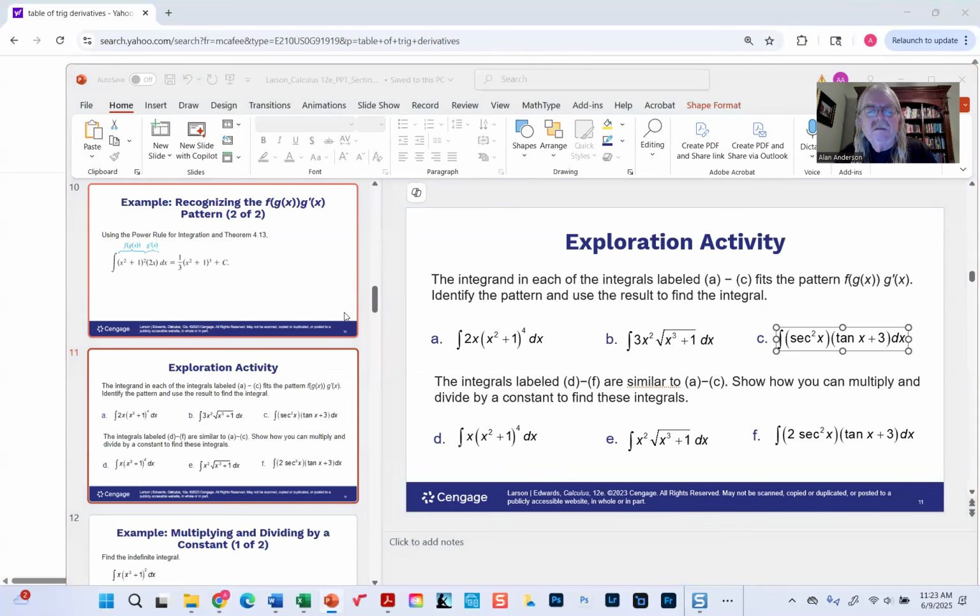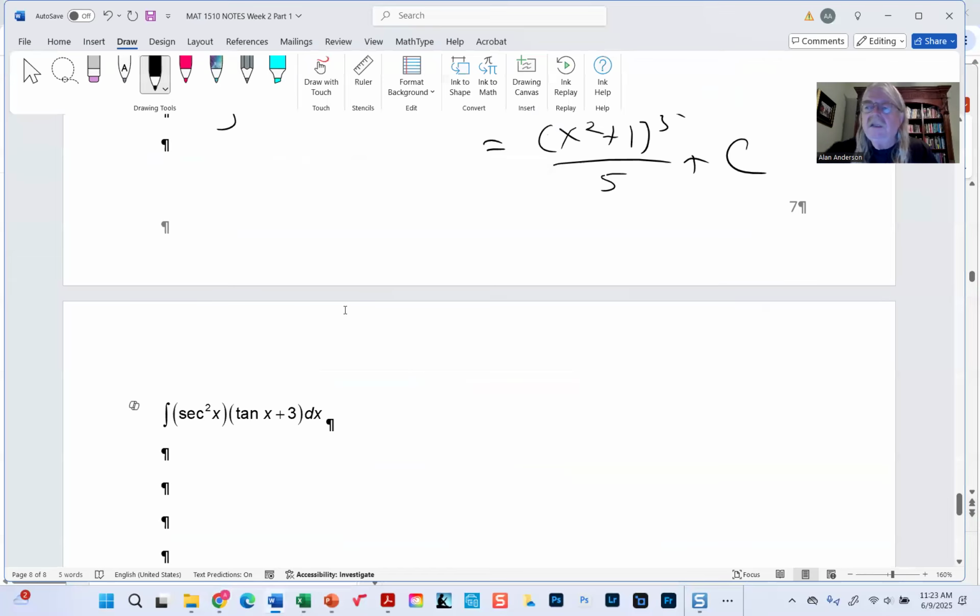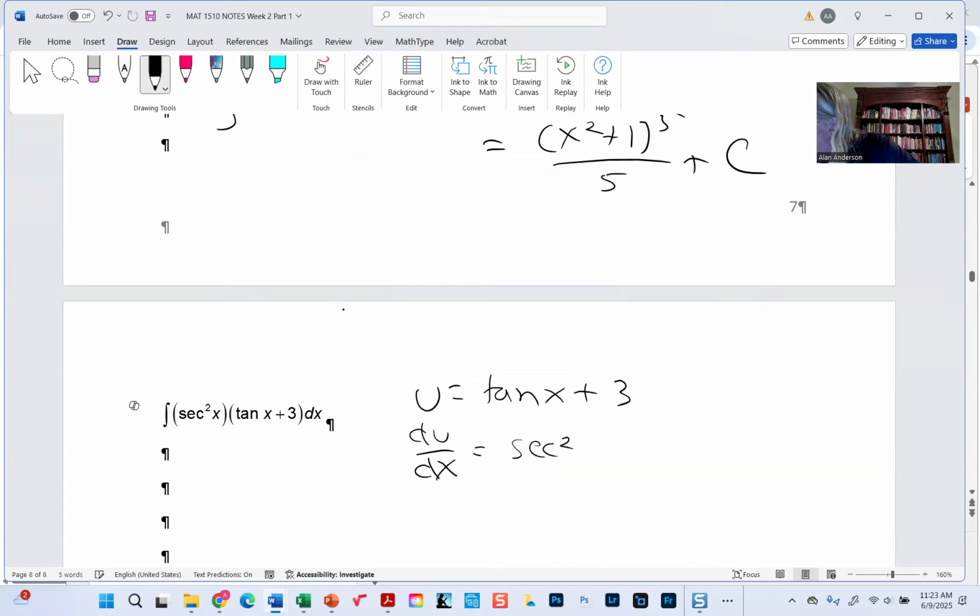So let's try this. I don't have to worry about the three. The derivative is just zero, and that means that du is secant squared x.